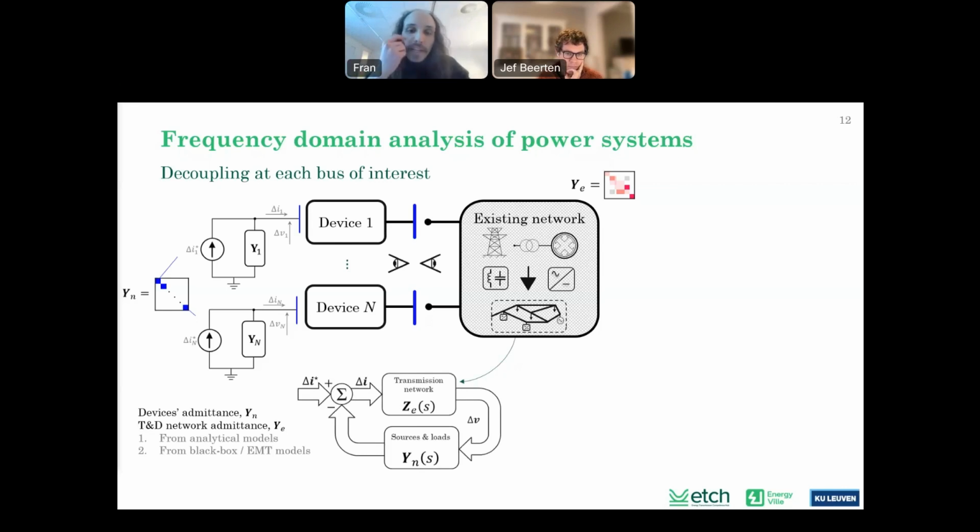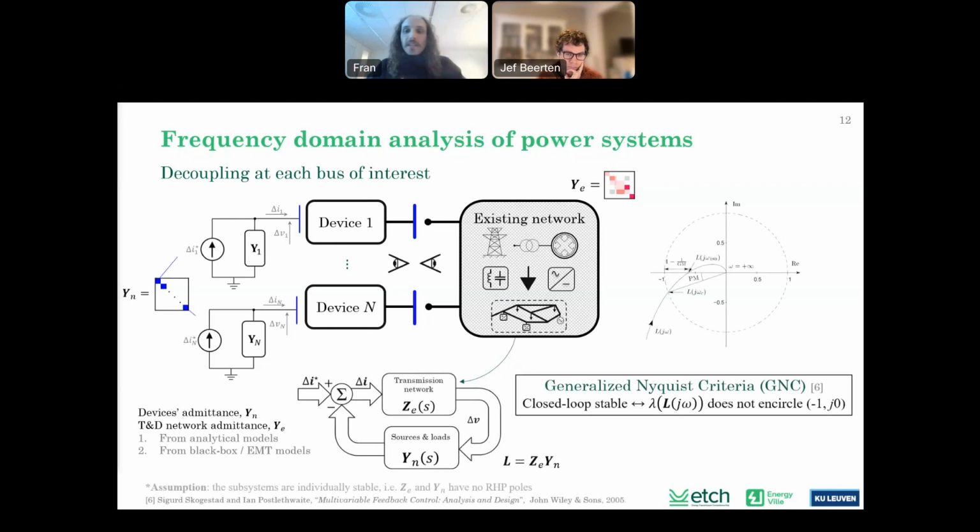And this feedback manner is very useful because we can directly apply the generalized Nyquist criterion. Basically, in the generalized Nyquist criterion, we look at whether or not this open loop transfer matrix encircles the critical point. If it's single input, single output, it is simply the Nyquist response of the transfer function.